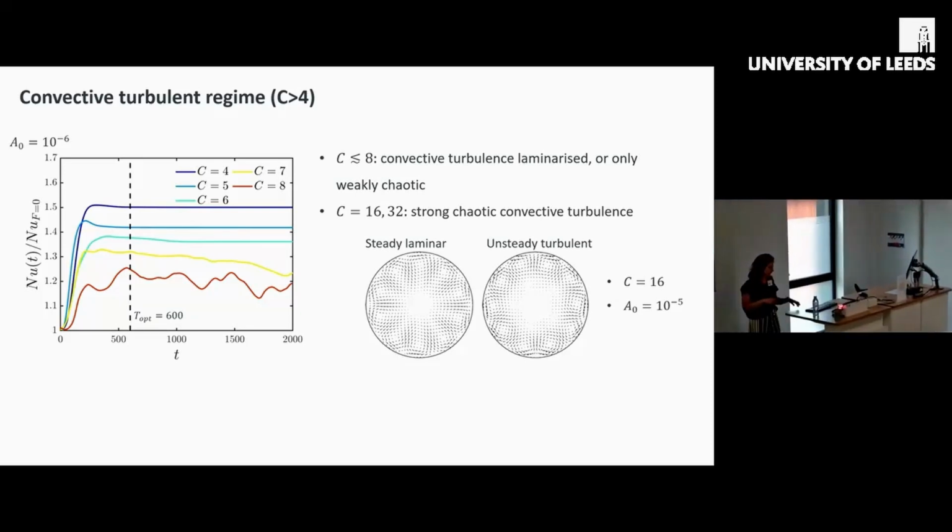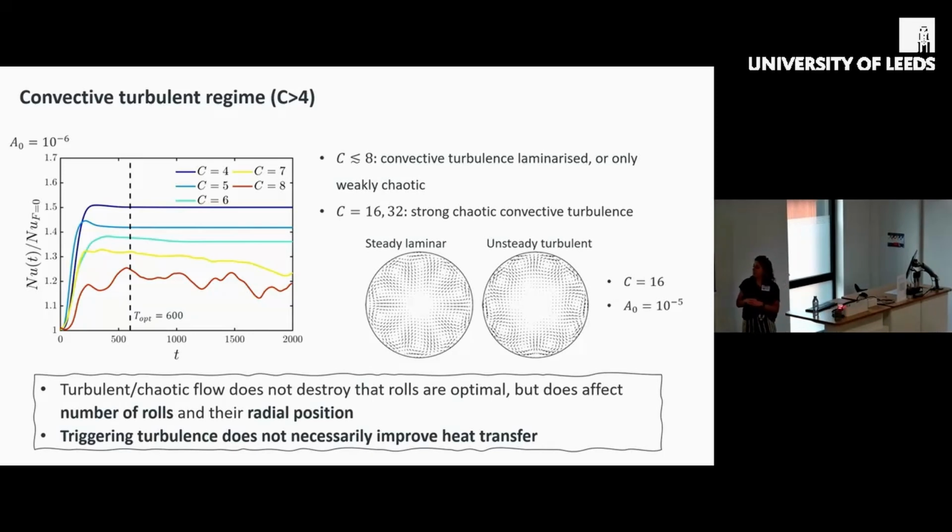So basically the key takeaways from this last part are that doing optimization with chaotic or time-dependent flow does not destroy the fact that inducing rolls is optimal in enhancing heat transfer, but it does affect the number of rolls and the radial position.